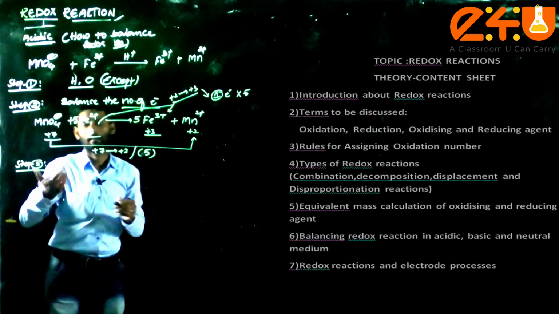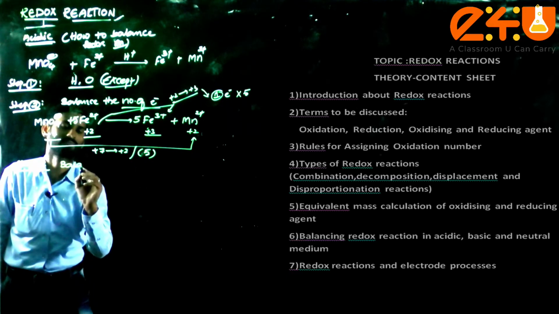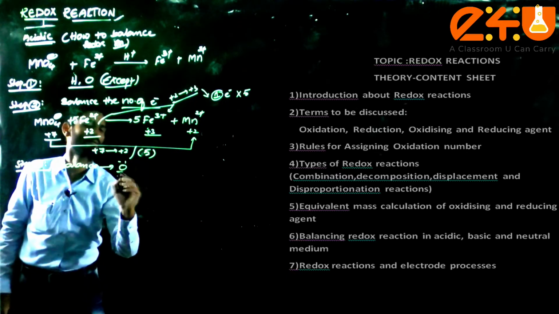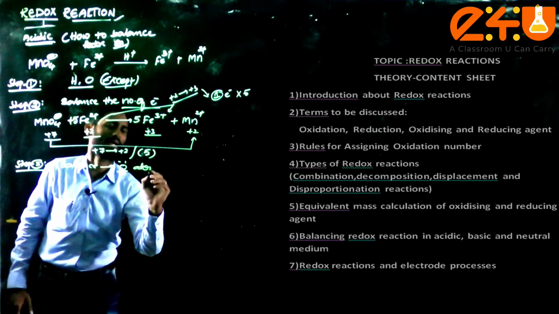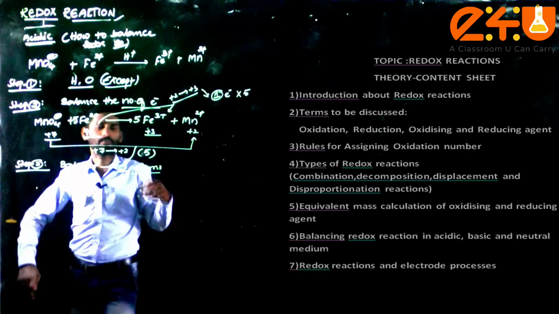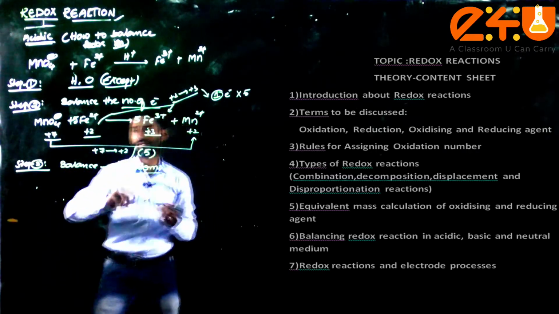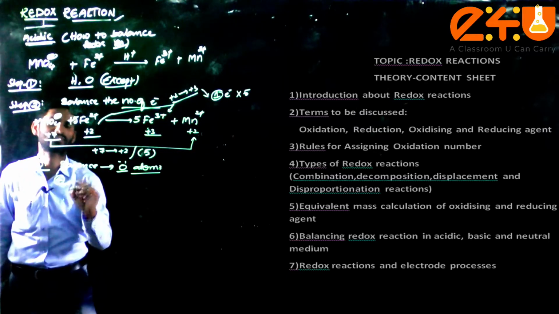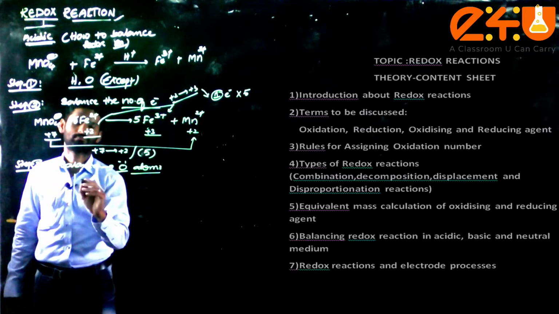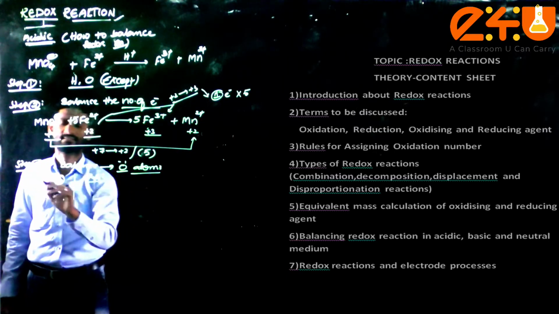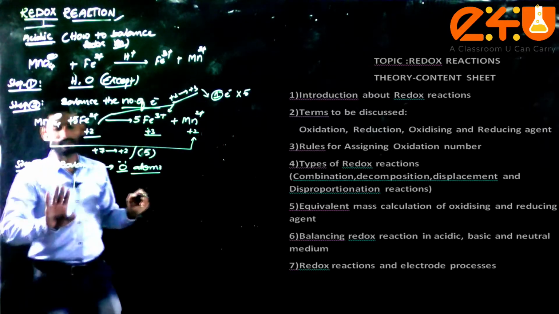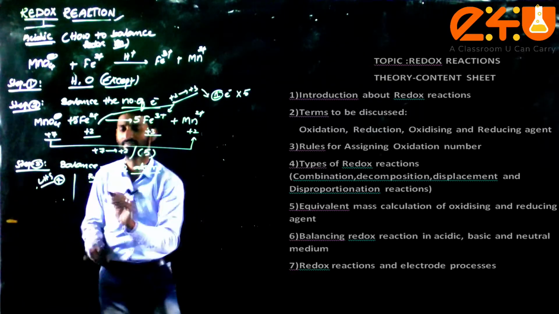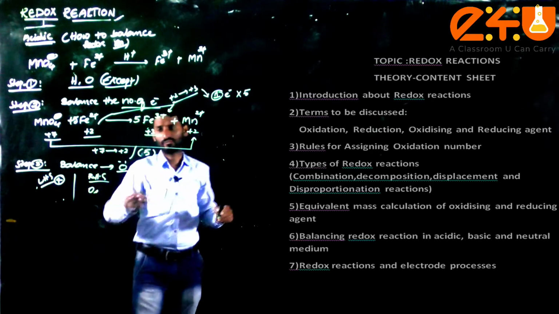Next, step 3: balance the oxygen atoms first. If you check, there are 4 oxygen atoms on the left side and none on the right side. This is the RHS, this is the LHS.